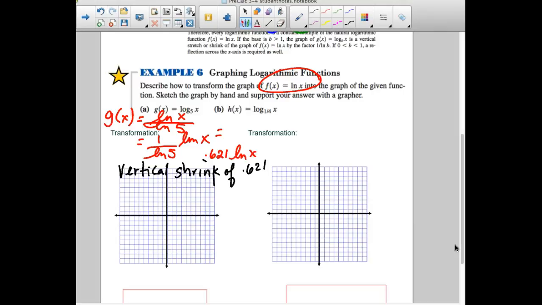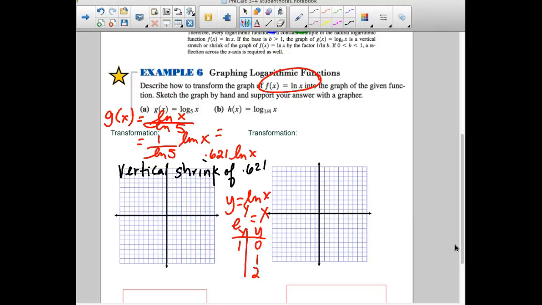All right, so let's go ahead and graph the natural log of x. When you're graphing logs, remember we rewrite them exponentially. So this would be the same as saying e to the y equals x. Yes? All right, let's make a t-chart for that. Picking our y's, let's just do 0, 1, and 2. E to the 0, 1.